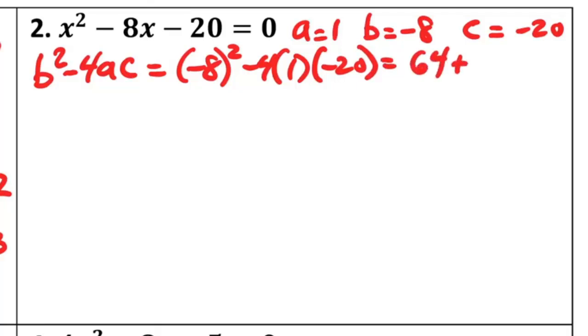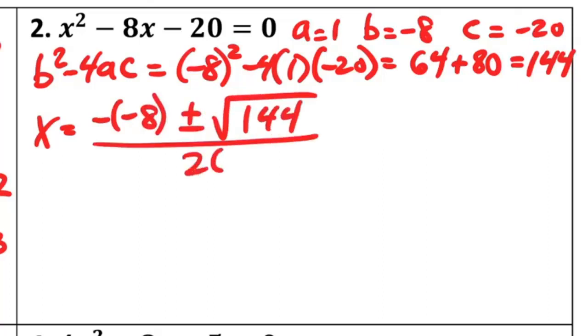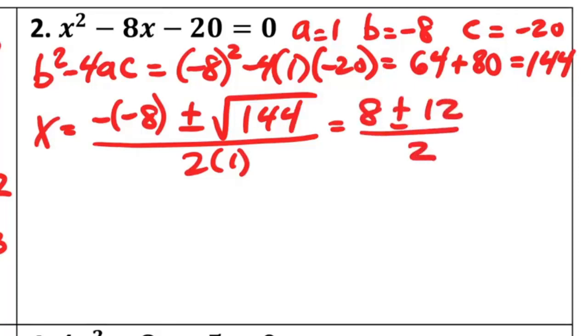Negative 4 times negative 20 is 80. So 144. X equals negative b plus or minus the square root of 144 all over 2 times 1, which is 8 plus or minus 12 over 2.